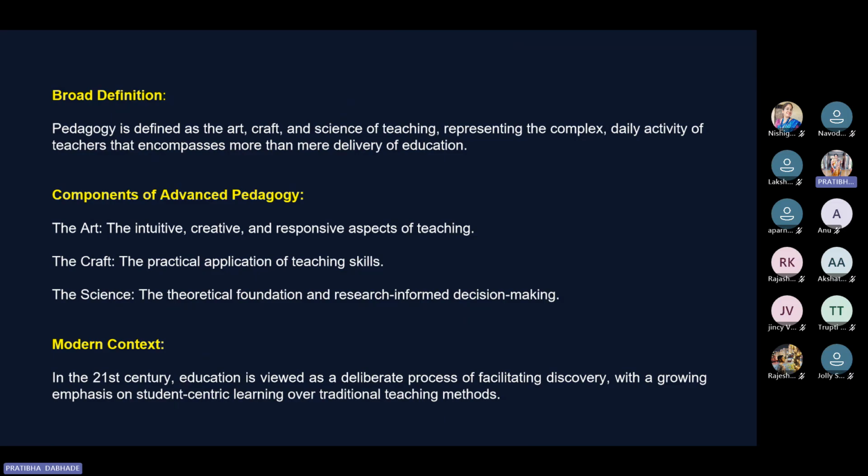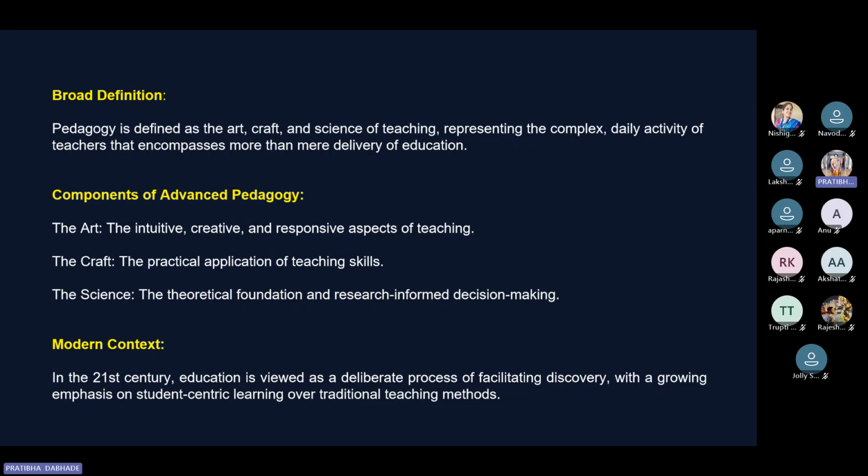Right? So what comes under art? The intuitive, creative, and responsive aspects of teaching. So something creative, something intuitive should be there, right? In craft, the main thing is the practical application of teaching skills. Okay, it is expected in advanced pedagogy, and science along with the theoretical foundation.